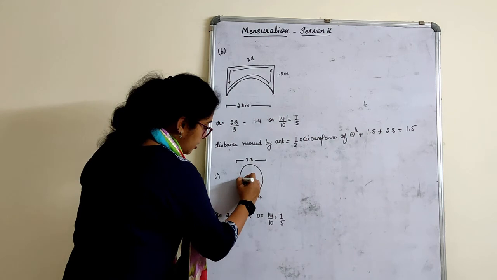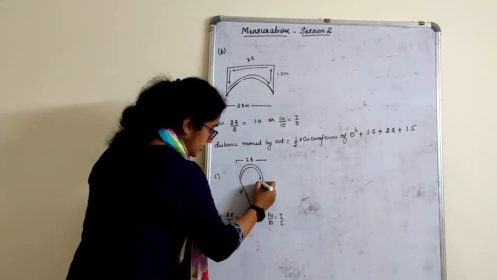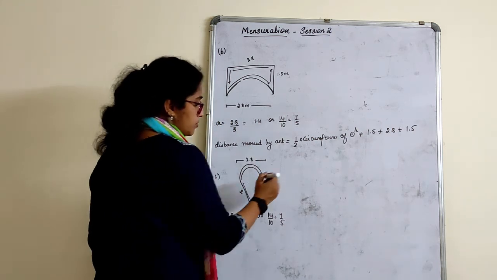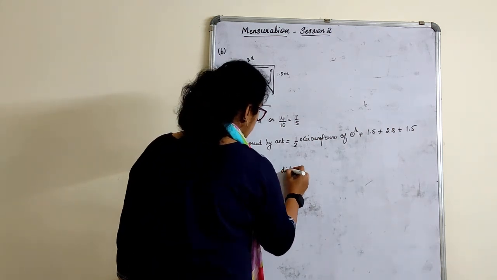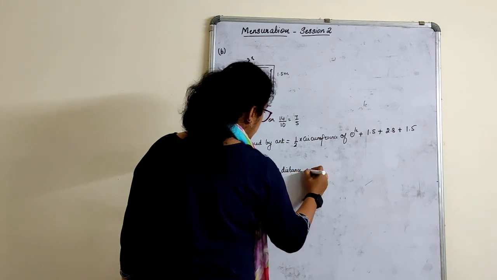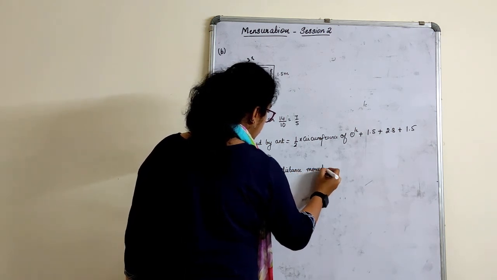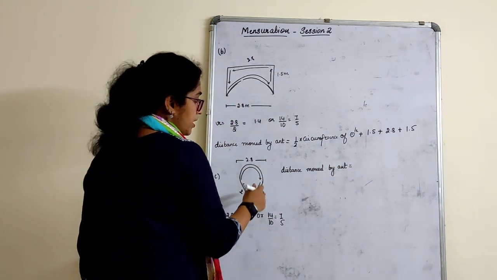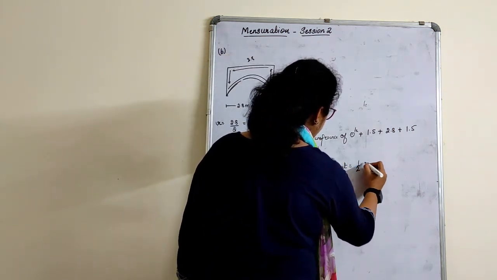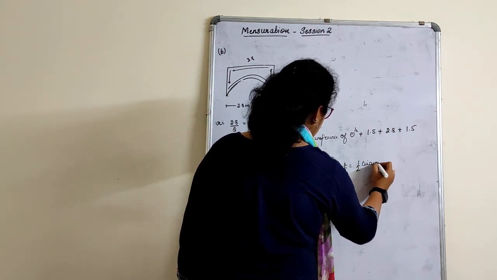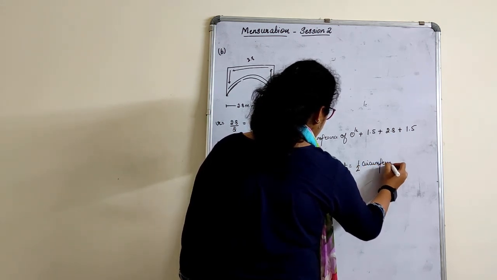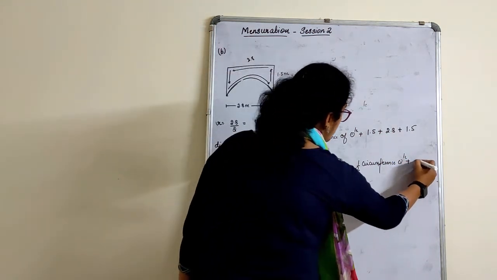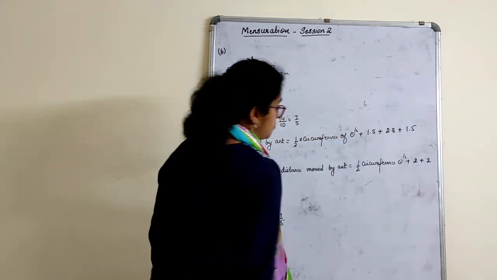Distance moved by ant is, children, this, and this arrow mark I have used. Distance moved by ant is equal to half circumference of circle plus 2 plus 2, right?